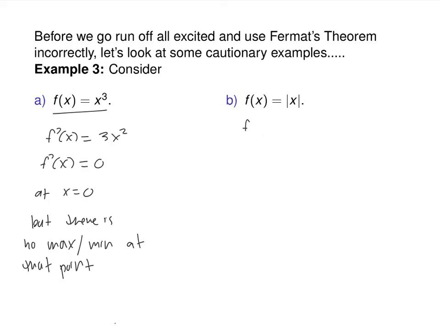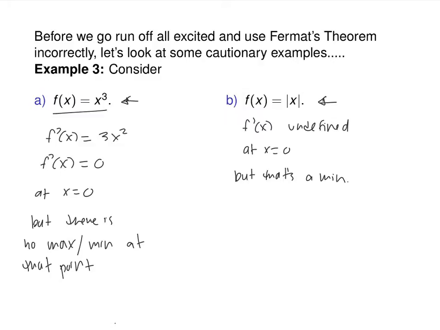And this thing, this derivative is undefined at x equals 0, but that's a min. Does that make sense? So the derivative being 0 tells you kind of like where you can start looking. But you've also got to watch out for the fact that they may not be max or mins at all, or the derivative could be undefined and that's a max or min.